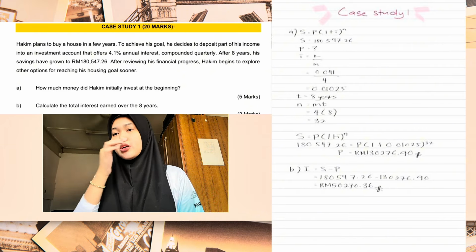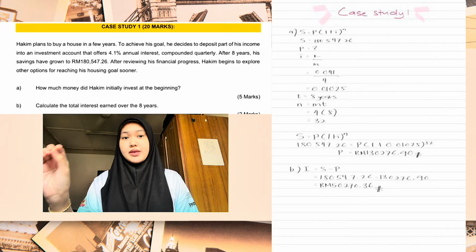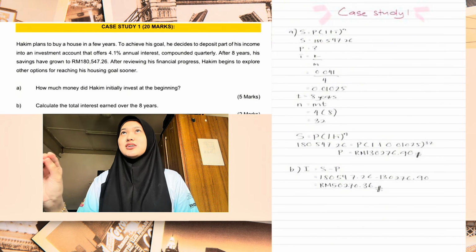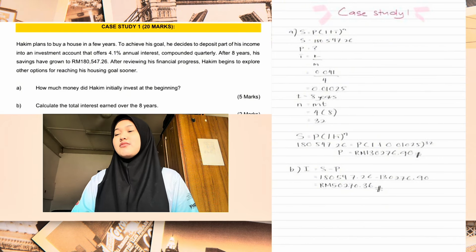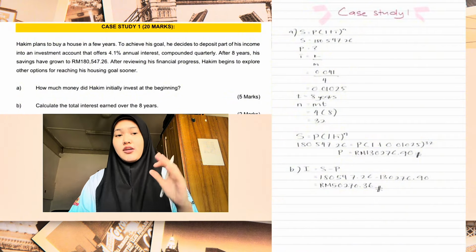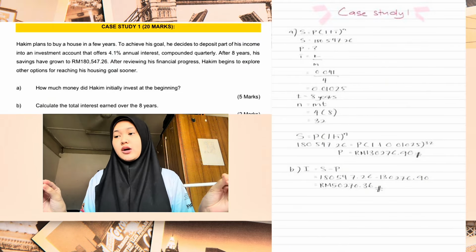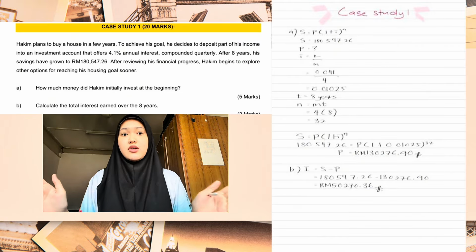So according to this question, it's looking for the P, which is the initial amount that Hakim initially invests into the account. So the formula for this equation is S equals to P bracket 1 plus I bracket N. So we already have everything, but there are a few things that need to be counted first before we put everything inside of the formula.